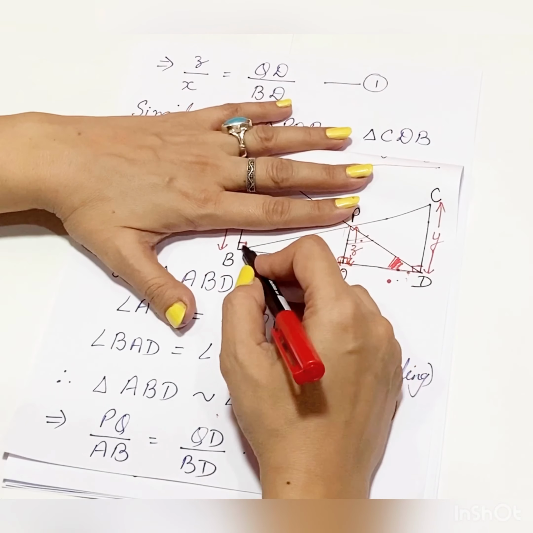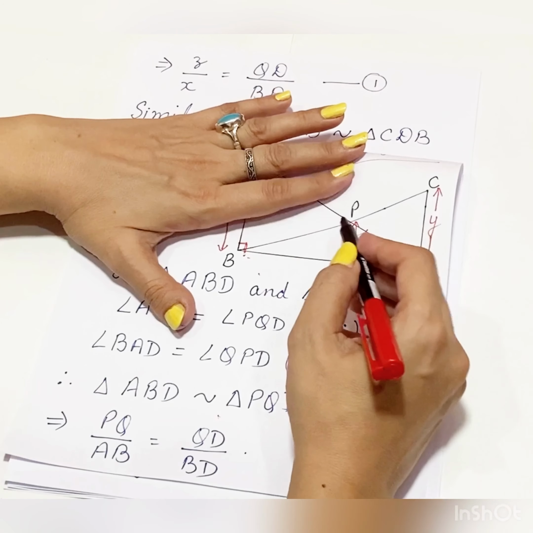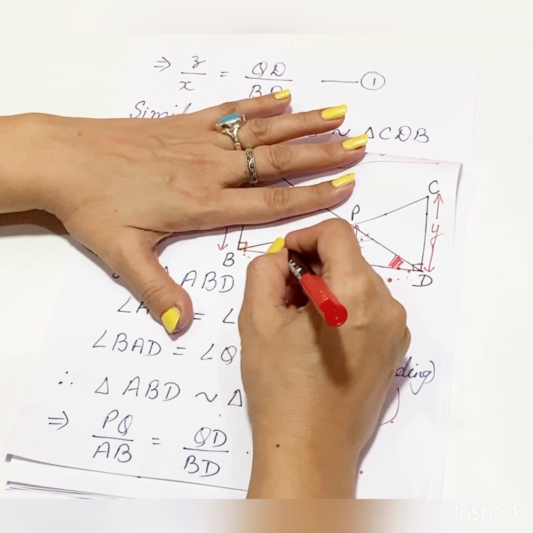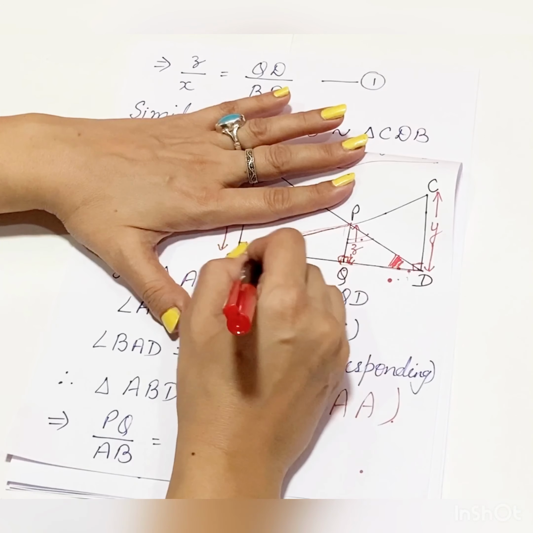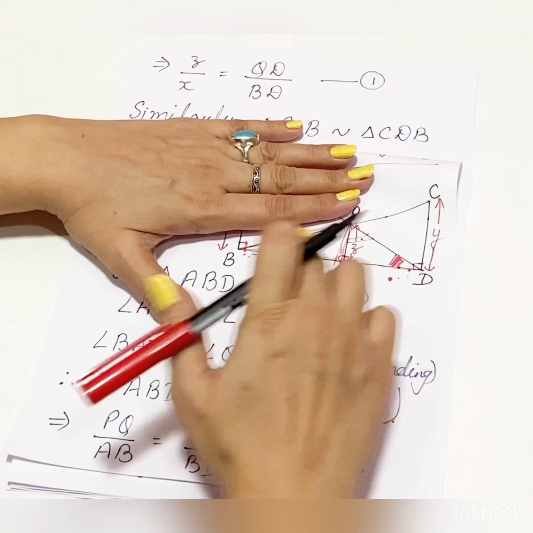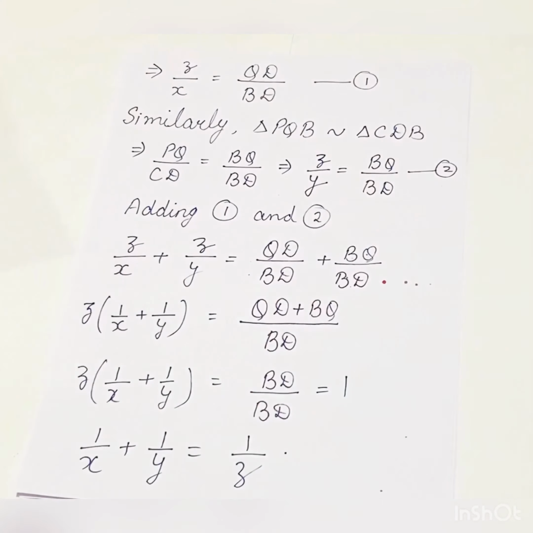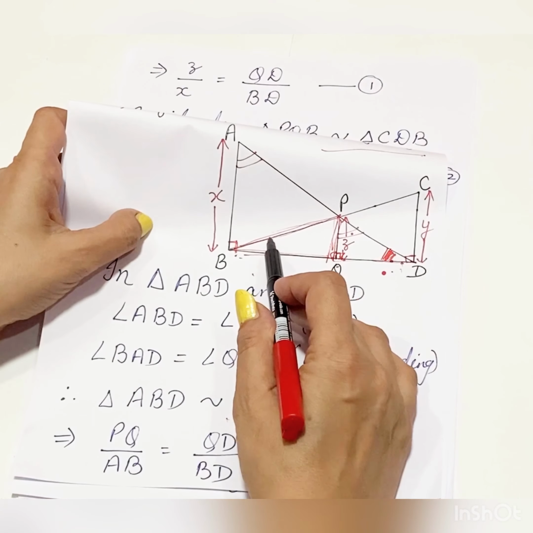Similarly, if I take triangle CBD and triangle PBQ, this triangle and the other one is this triangle, they will also be similar to each other. The same concept is used here. This angle is common, you can take.